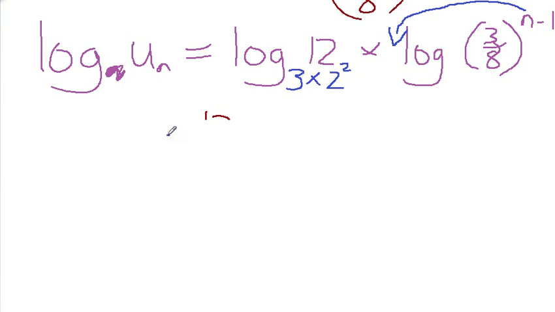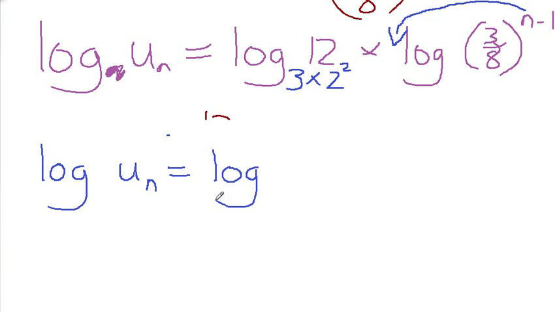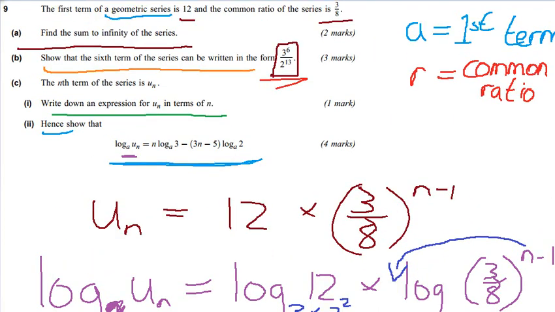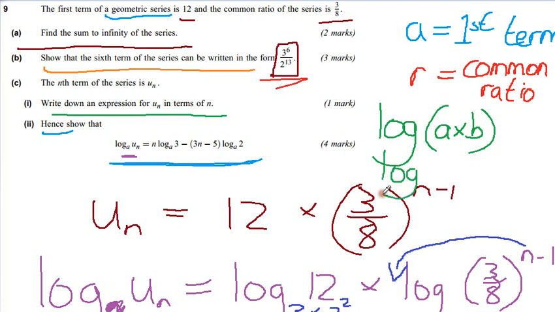So leave the left hand side as it is: log of u of n is equal to log of 3 plus log of 2 to the power of 2, because with our log laws, log of a times b is exactly the same as log of a plus log of b.